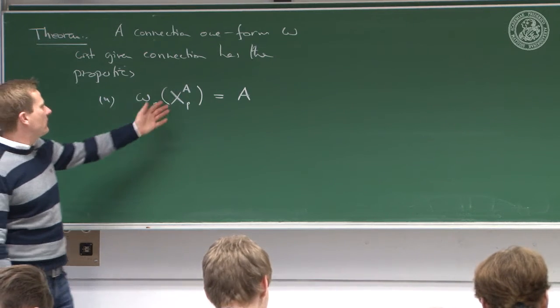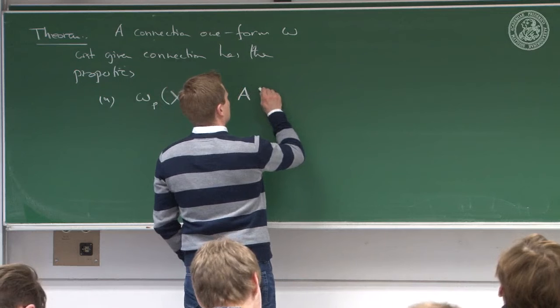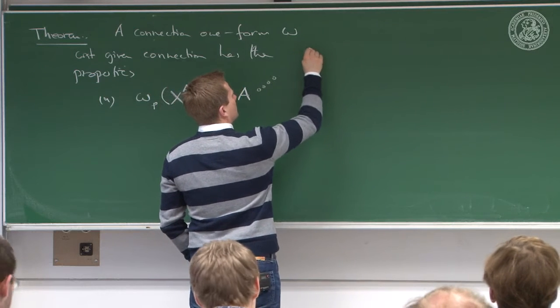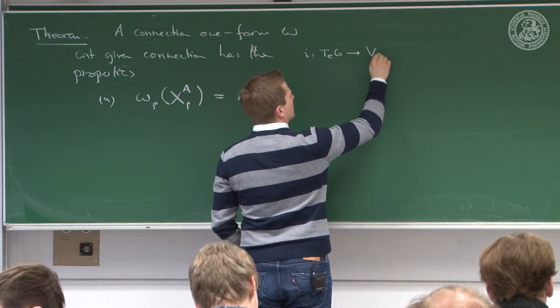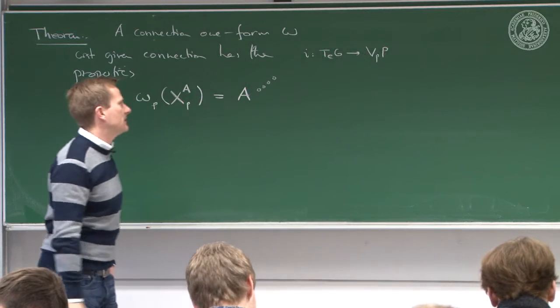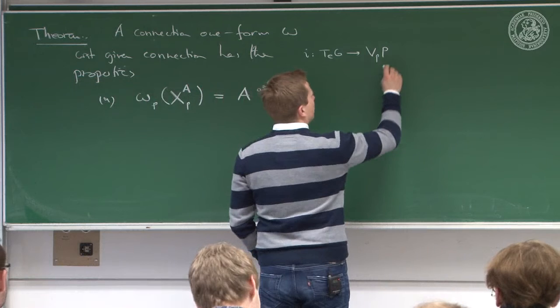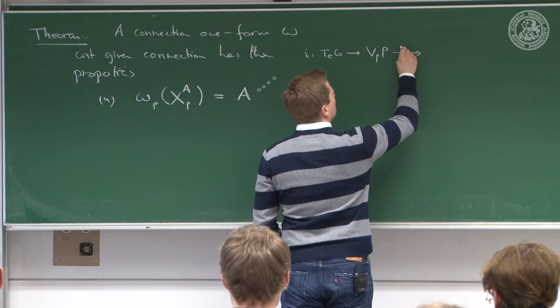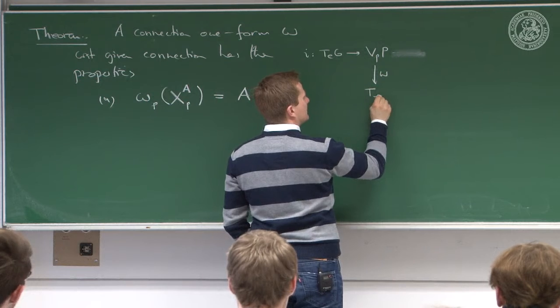So in a sense, before we had this map I. Let's again remember, we had this map I, which took a Lie algebra element and sent it to the vertical subspace, as we just saw. And now we see that if we apply our omega to this vertical subspace, we know it's Lie algebra valued.